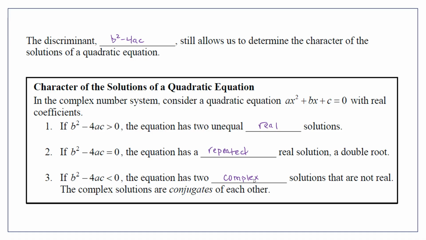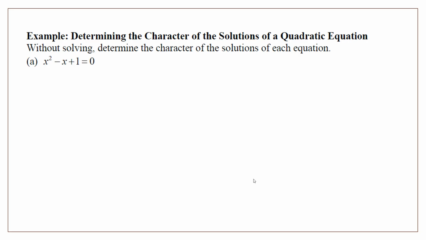So without solving any of these next quadratic equations, we need to determine the character of the solutions of each equation. So here we have a quadratic, x squared minus x plus 1. So we know from this quadratic that a equals 1, b equals -1, and c equals 1.